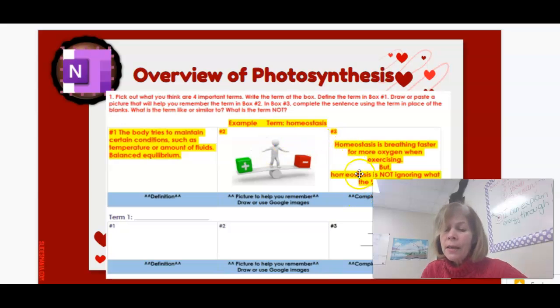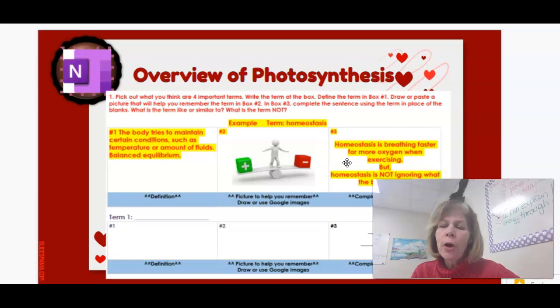Okay, and then in the last box, so tri-box 3. So box 1, definition. Box 2, a graphic or a drawing. And then box 3, you're completing this sentence. Blank is, but blank is not.